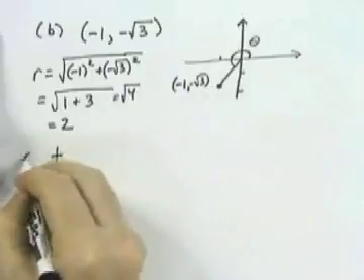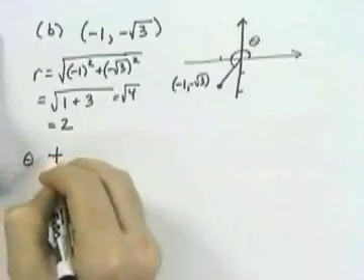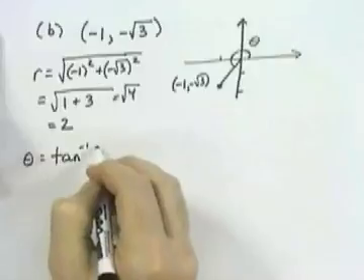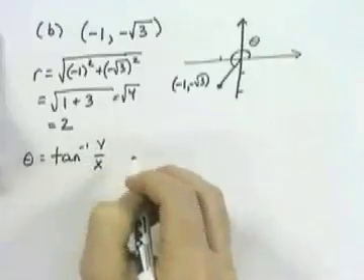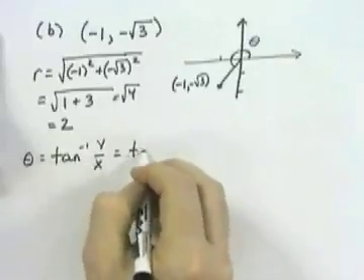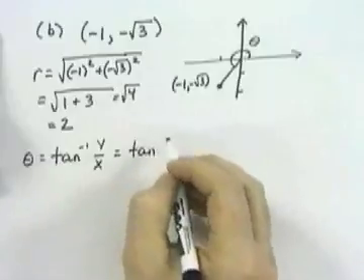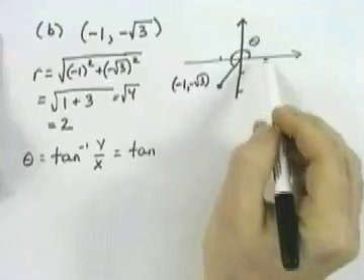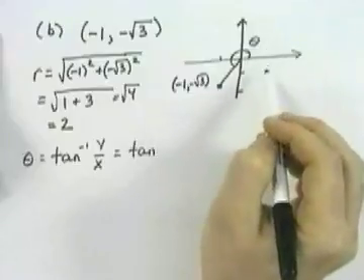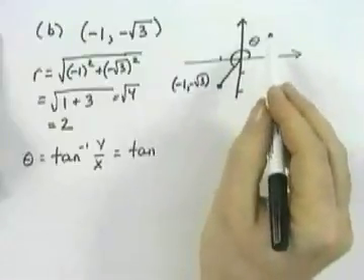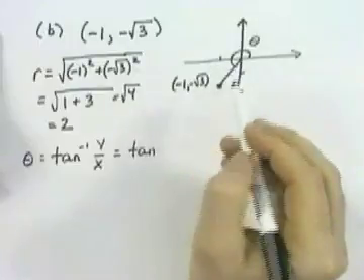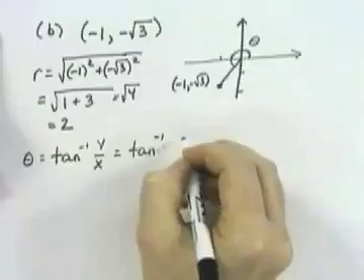Now we need to find theta. Remember that the value of theta is the inverse tangent of y over x. But again, this is going to give us an angle between -π/2 and π/2, which would put the terminal side in either quadrant 4 or 1. We need our angle to be in quadrant 3, so we're going to have to make some adjustments to our result.